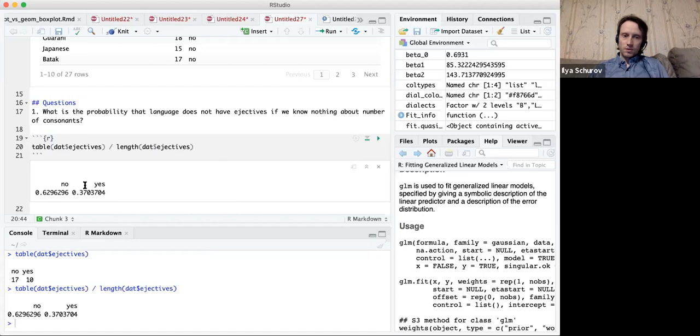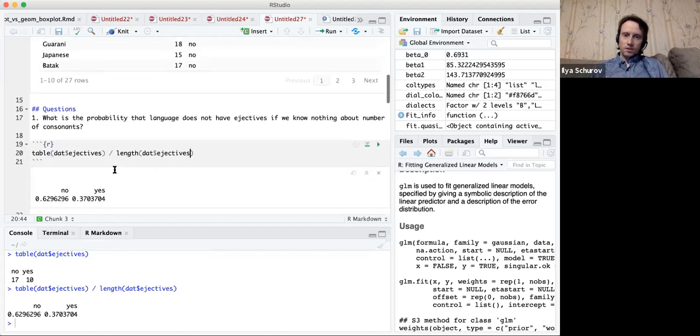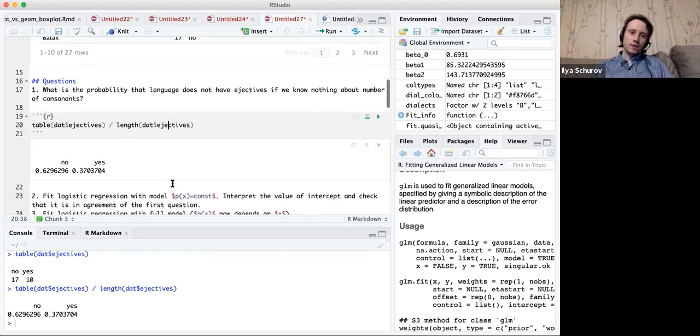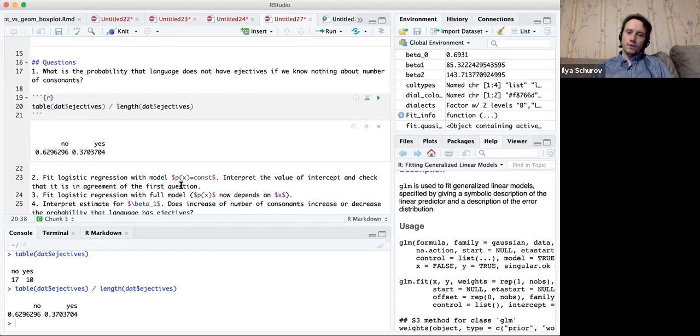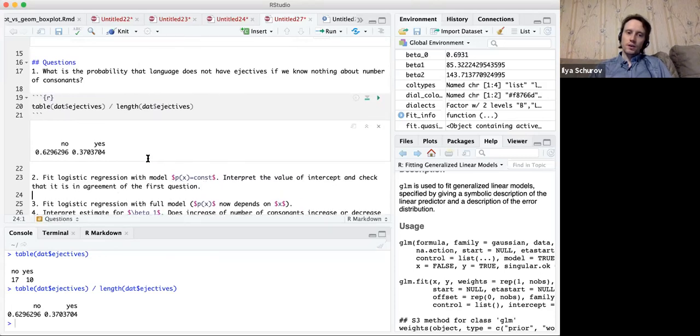So okay, if we answer this question, then we have this value. But this was just my guess that logistic regression will use no as value 1. I'm not sure that the result is correct, but we will understand it when we answer this question.